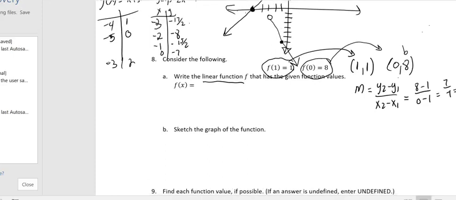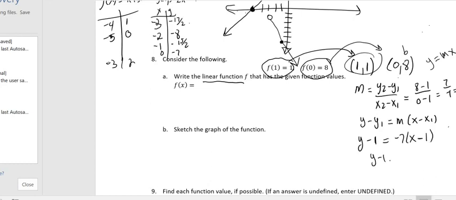Okay, so because remember your equation is going to look like this. So you already know B, but let's say you forgot that 0, 8 is your B, then your next step would have been to plug it in here. So you can pick either point. So I'll pick this one here. Y minus 1 is equal to my slope.